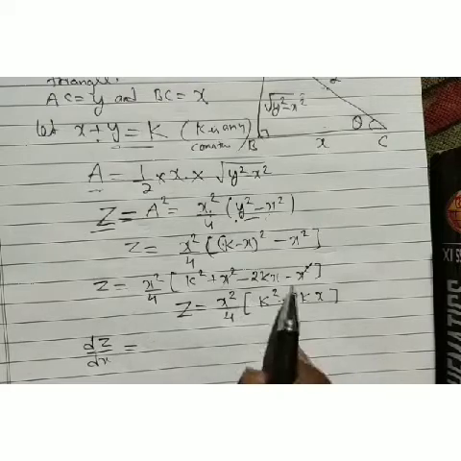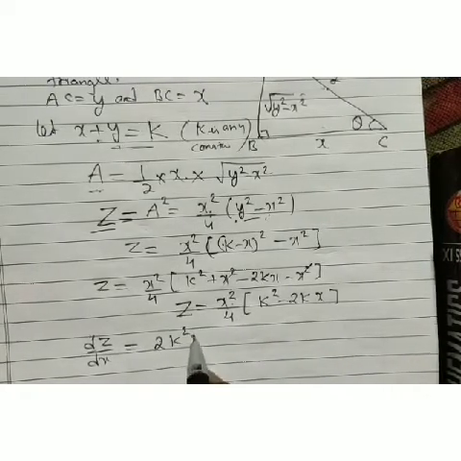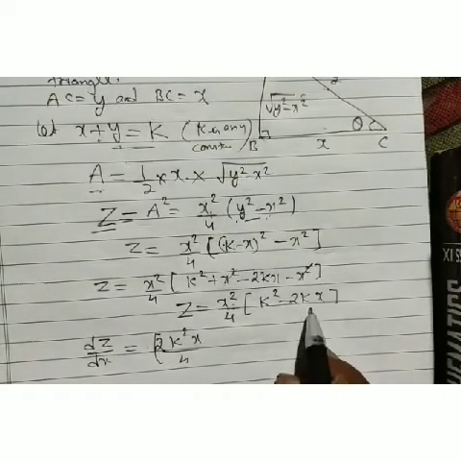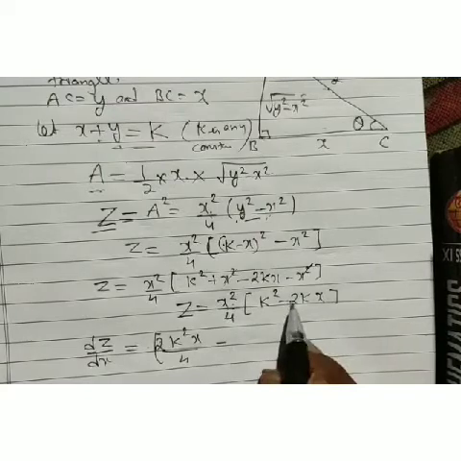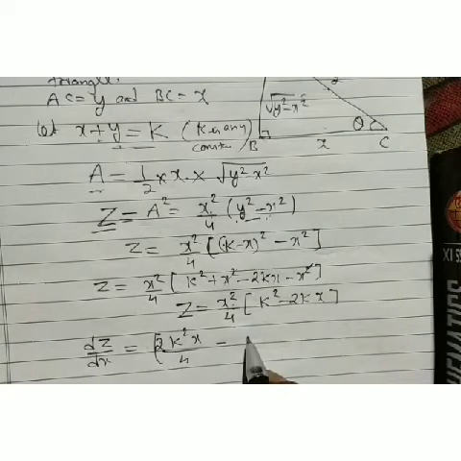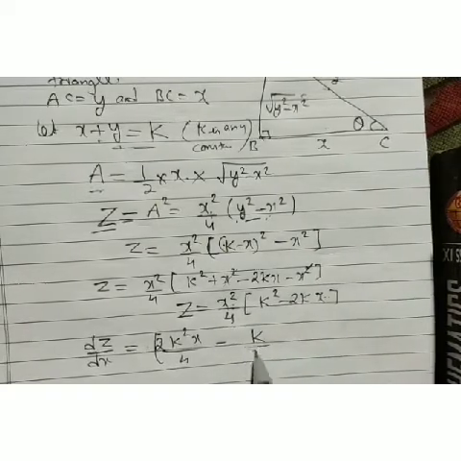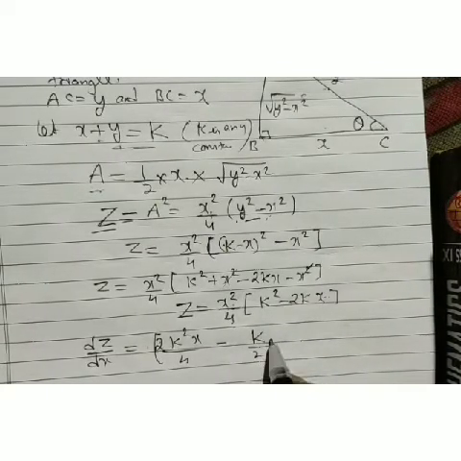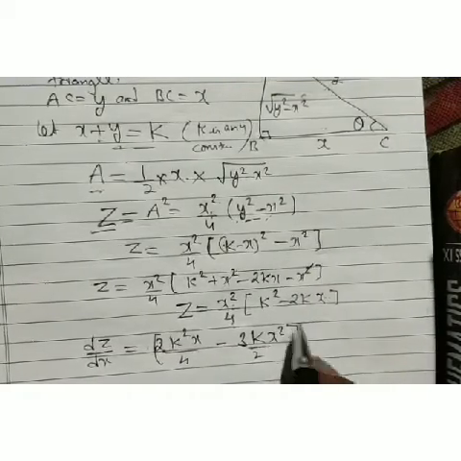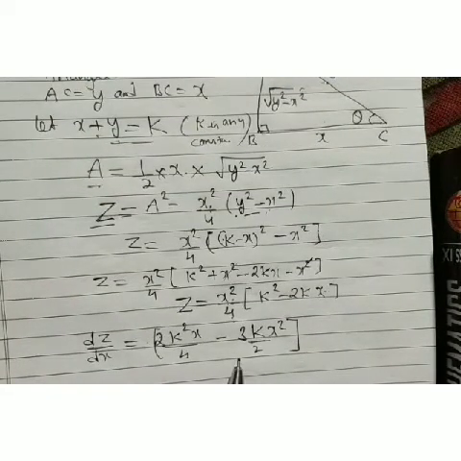So we get k square times 2x by 4, and taking inside the bracket, minus, this cancels out, minus k, and here it's x cube, and this is 2. Then we get 3 x square minus 3k x square by 2. This is our first derivative.